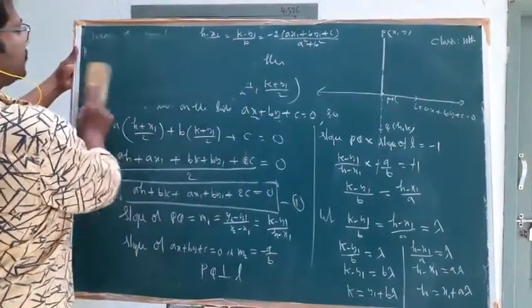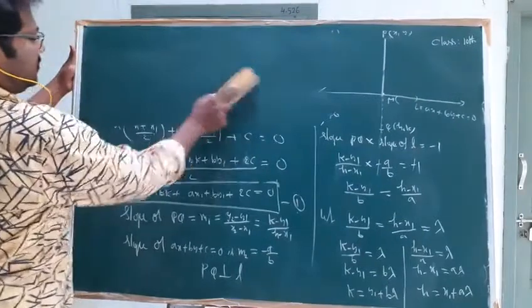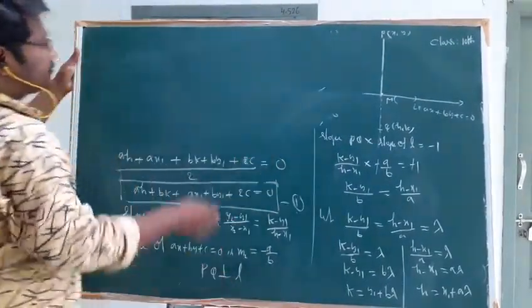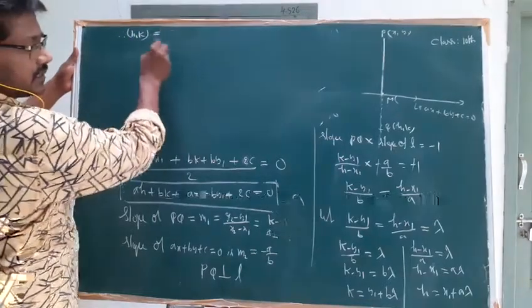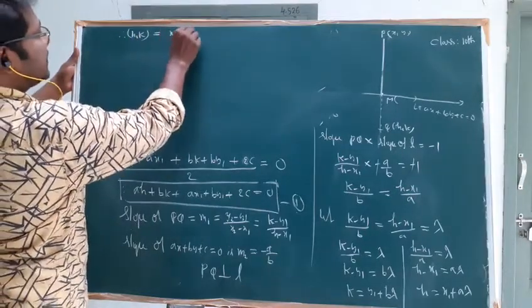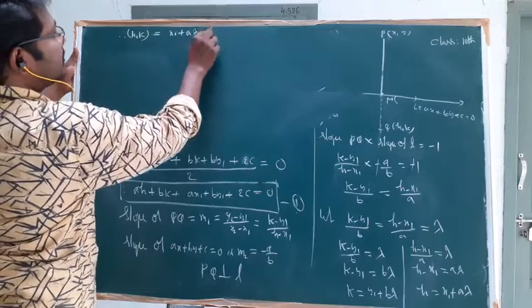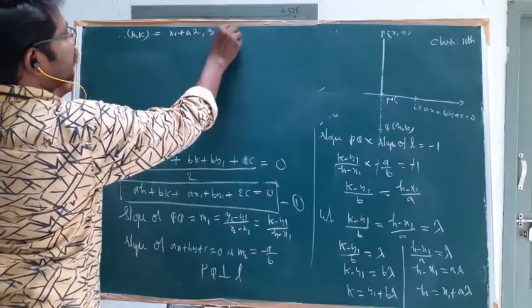Therefore, h comma k is (x1 plus a lambda, comma y1 plus b lambda).